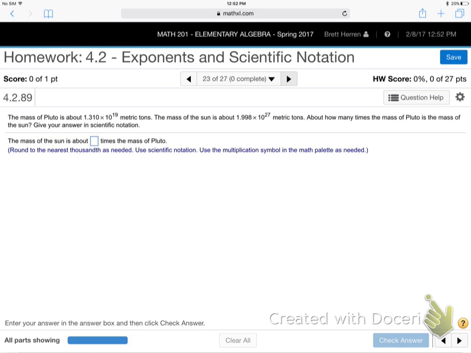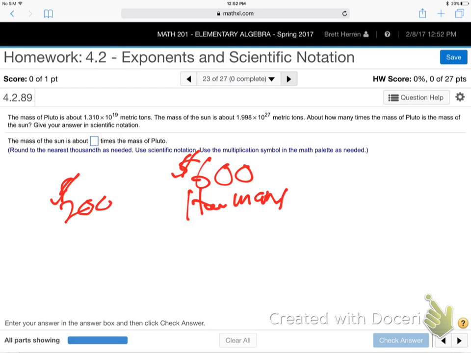If I said, hey, this person has $600 and this other person has $200, how many times more is this person's money? It'd be 3. You all know he's got 3 times as much money.